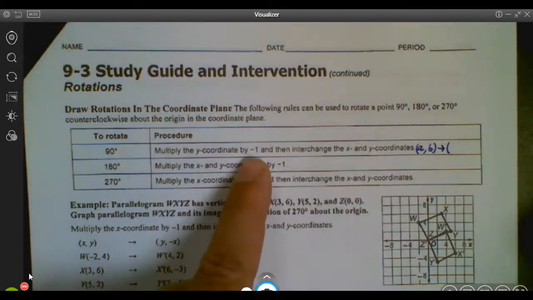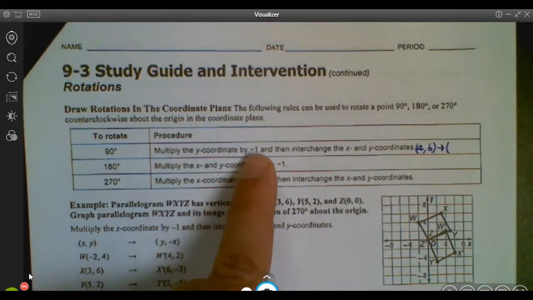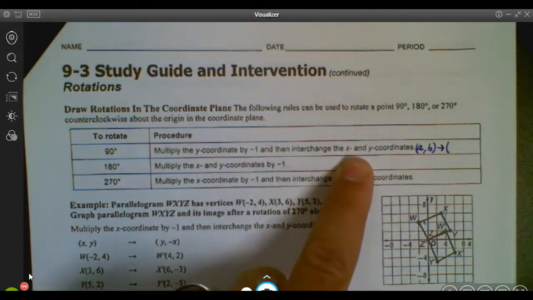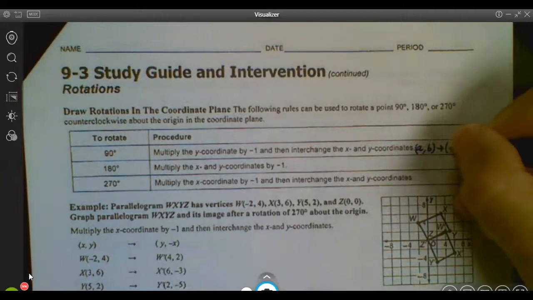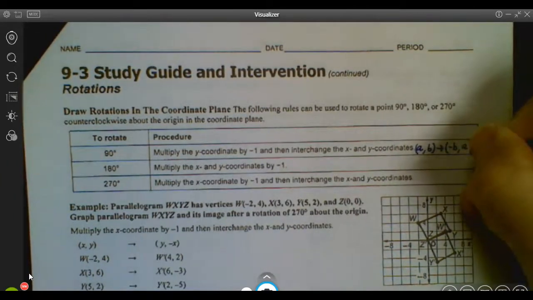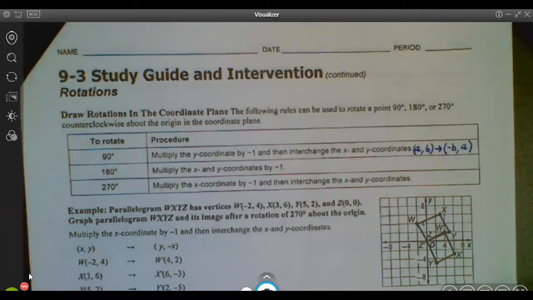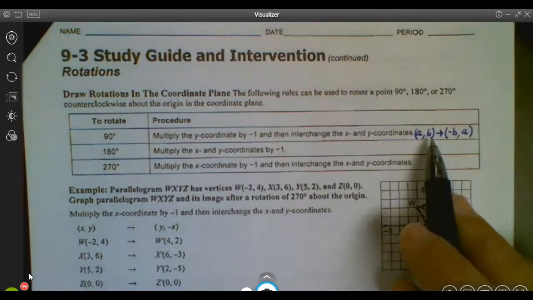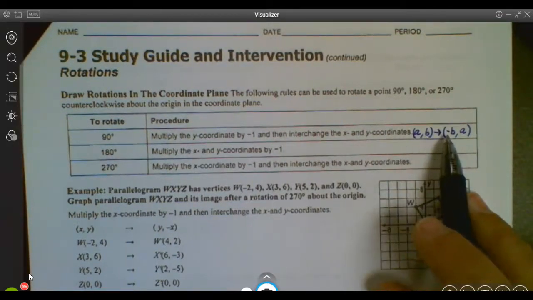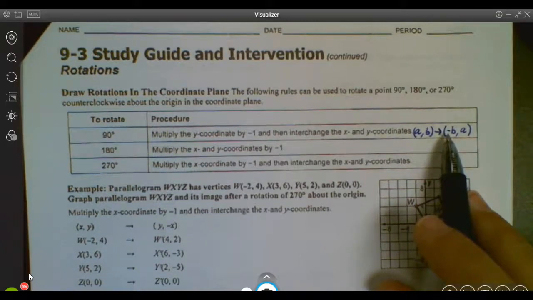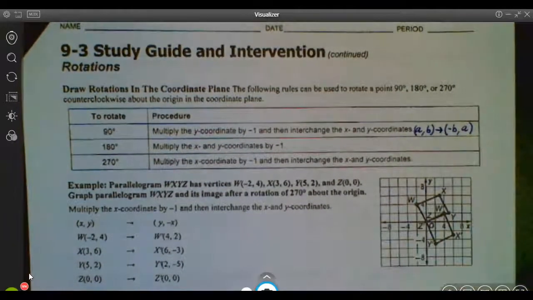So the y value is going to change signs, and then switch x and y. In other words, (a, b) is going to become (-b, a). So they not only trade places, but what was the y coordinate as it moved over into this slot also changed signs. And we're going to get plenty of practice with that, so don't worry. I'm just giving you the rules first.